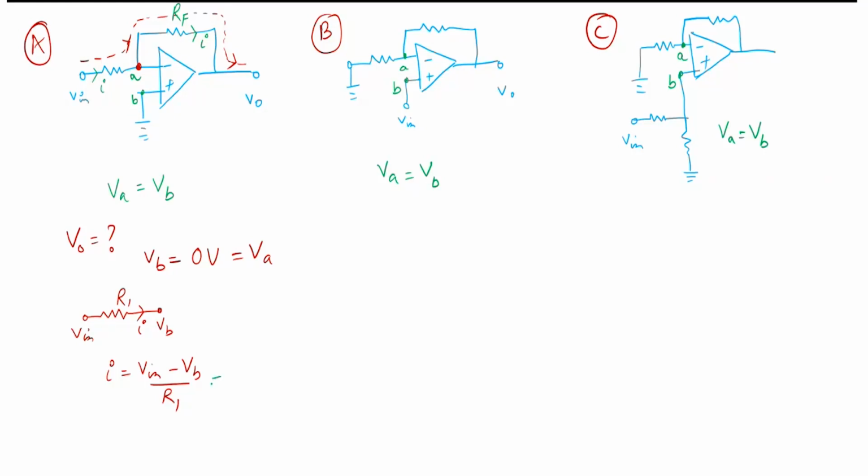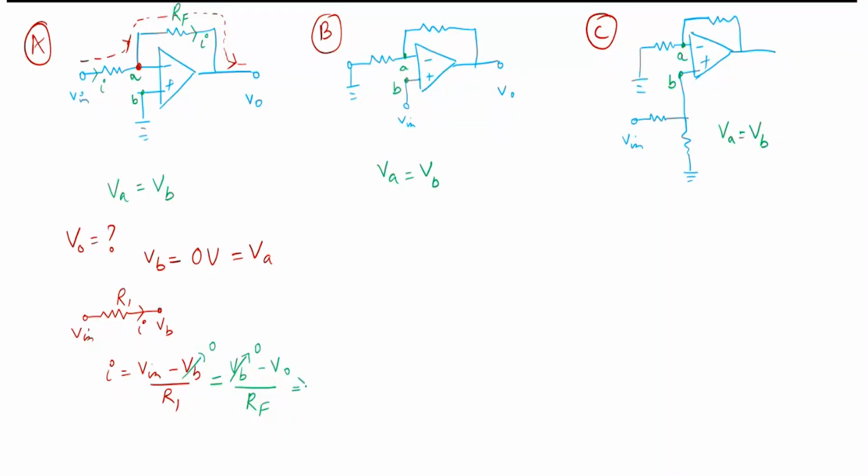So that means, can I write it as VB minus V naught by RF? Can I write it like this? Now VB is equal to 0.